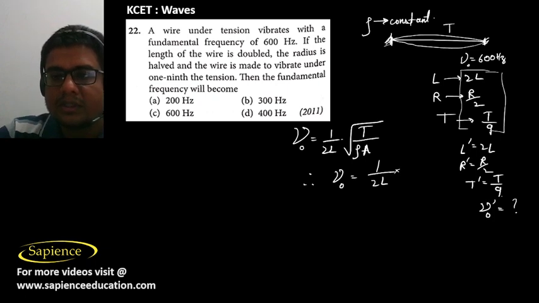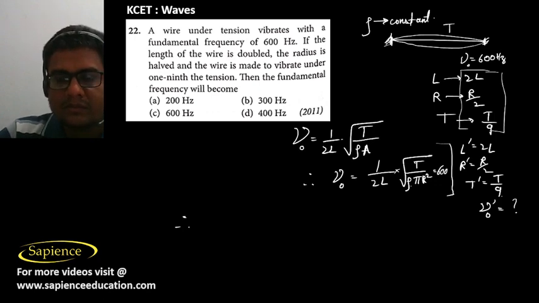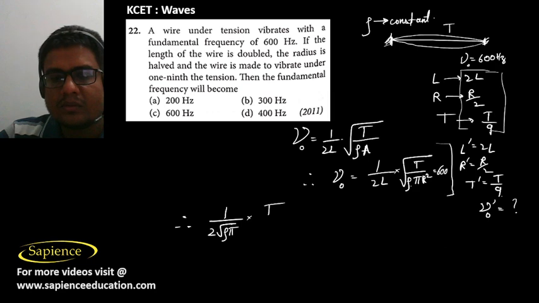So here it is told that root over T by rho into A, where A is pi R square, is equal to 600. This is given. So therefore we can say that it's 1 by 2L root rho pi into root over T by R square, that is equal to 600.